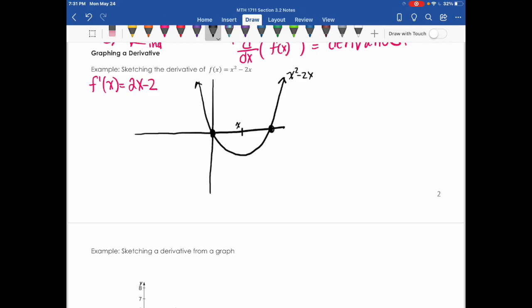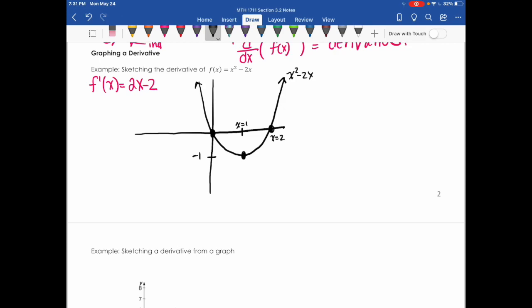And then by symmetry, or you can check it using the vertex formula, at x equals 1, we would have a vertex. And then if I plug in the value of 1 to find the corresponding y value of the vertex, if I plug in 1, that's going to give me negative 1. So here's just a quick sketch of our parabola x squared minus 2x.